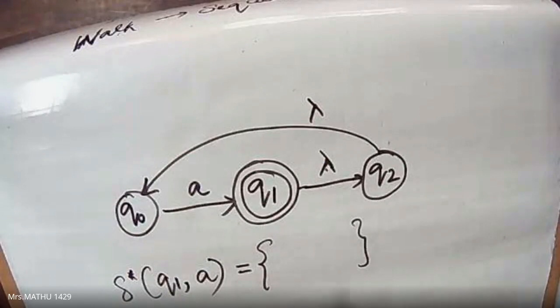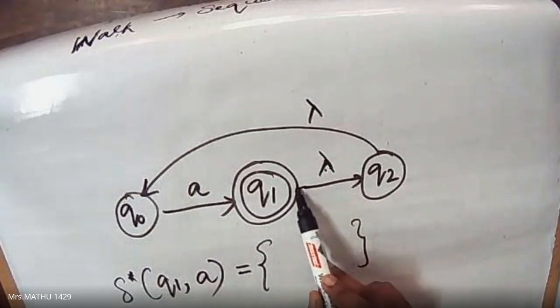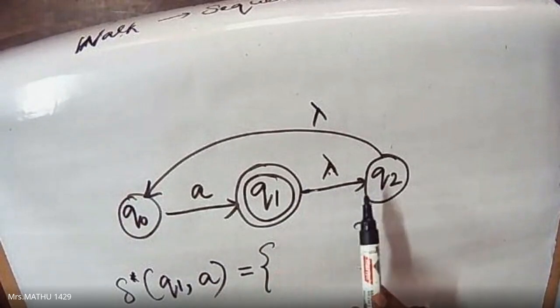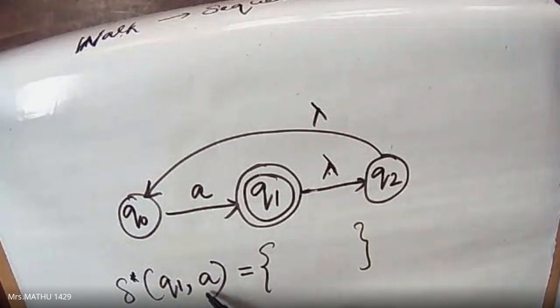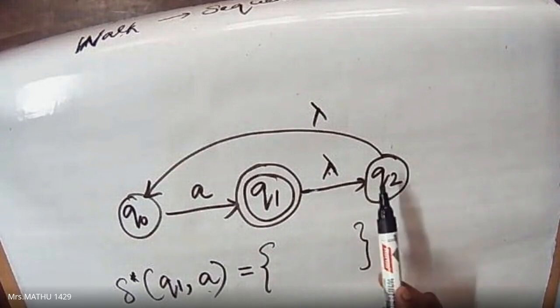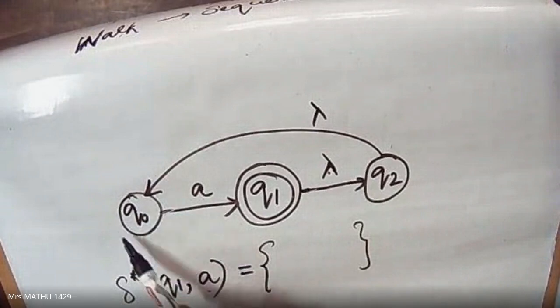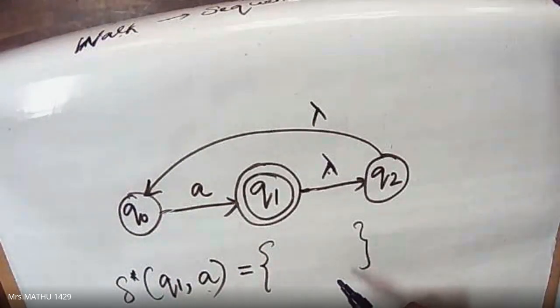Here in the transition graph, there is no outgoing edge from Q1 for input symbol A directly. Input symbol A is present as an outgoing edge of Q0, and not Q1. So how will we find it? Is there actually a result for this or not?